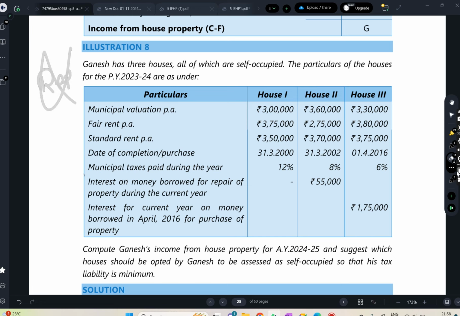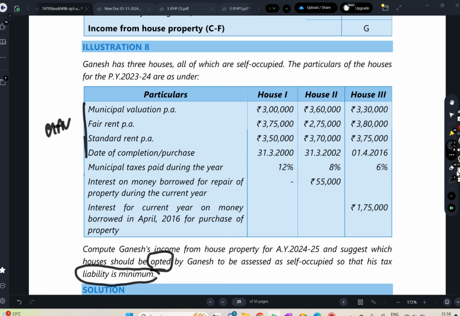Okay. Now let's start this question. Ganesh has these 3 properties. They have given the normal details, which are used to find out the GAV, which we know anyway. And then here: compute Ganesh's income from house property for the assessment year 24-25 and suggest which house should be opted by Ganesh to be assessed as a self-occupied property so that his tax liability is minimum.